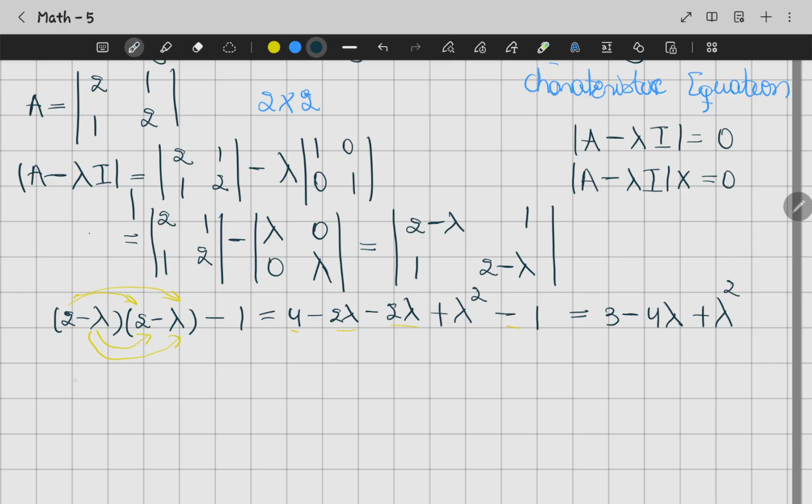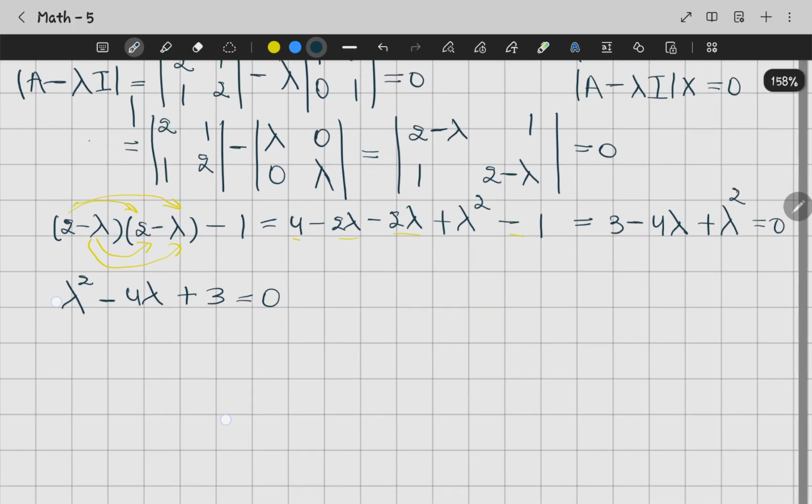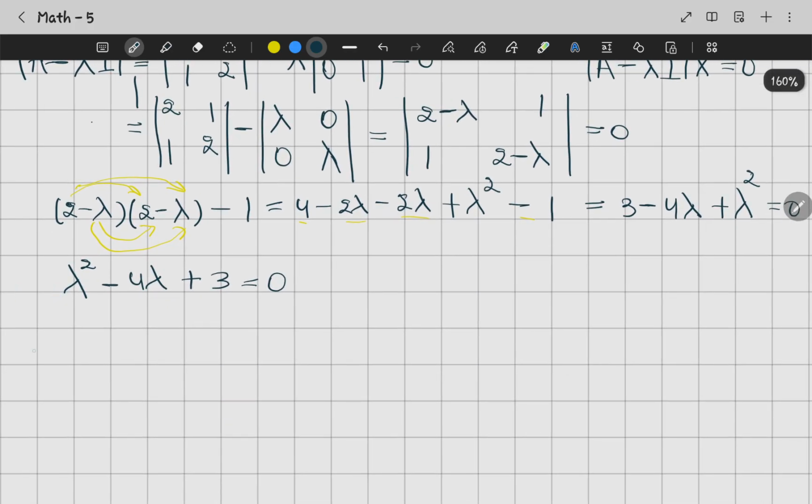It's going to give us something like this: -4 plus 3 equal to 0. So all of this is just equal to 0. Then when we get to this phase, we need to find delta.